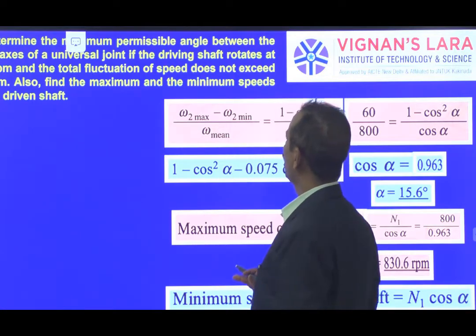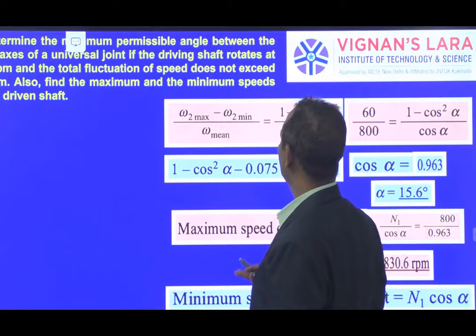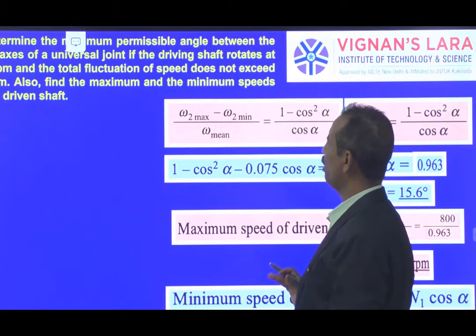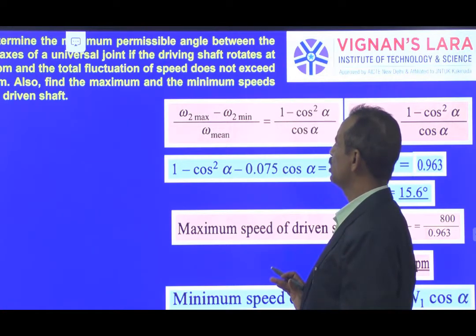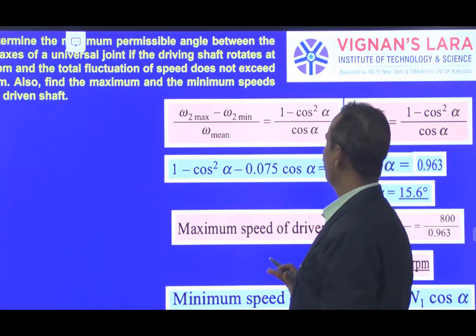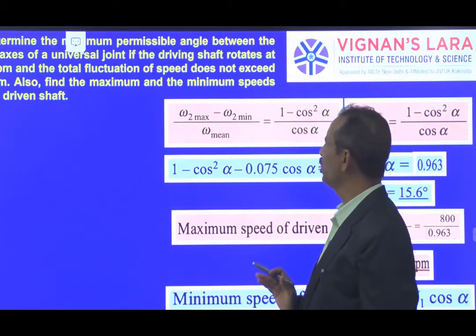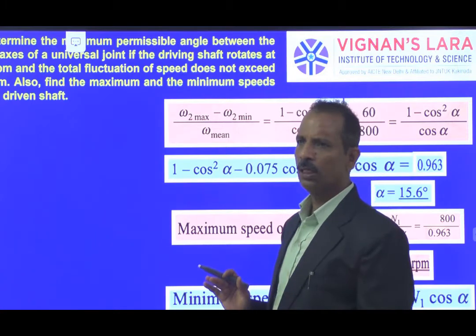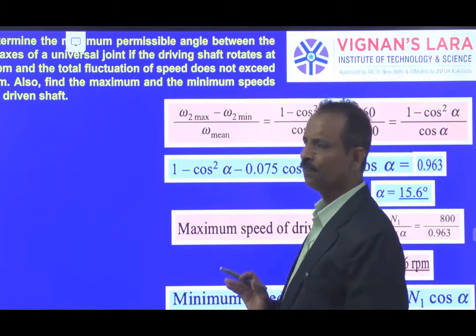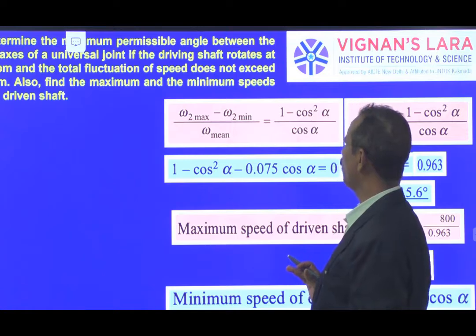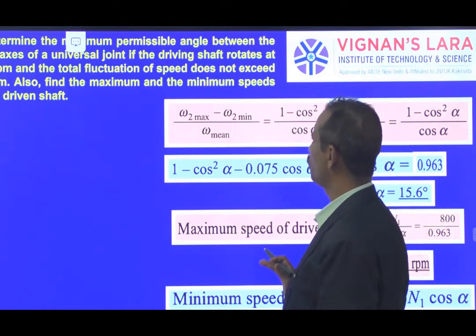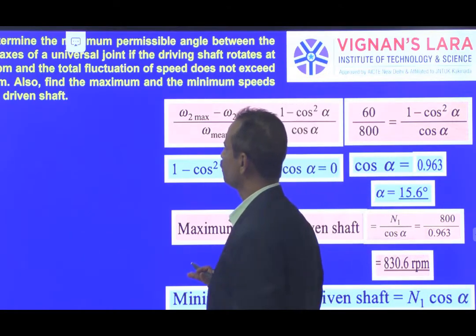Determine the maximum permissible angle between the shaft axes of a universal joint if the driving shaft rotates at 800 rpm and the total fluctuation of the speed does not exceed 60 rpm. Also find the maximum and the minimum speeds of the driven shaft.